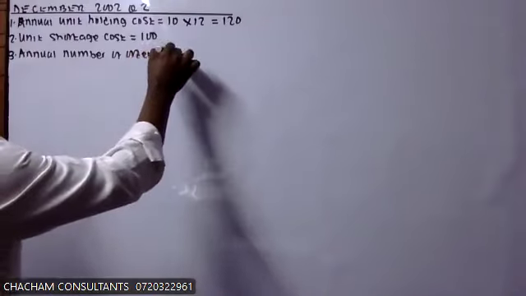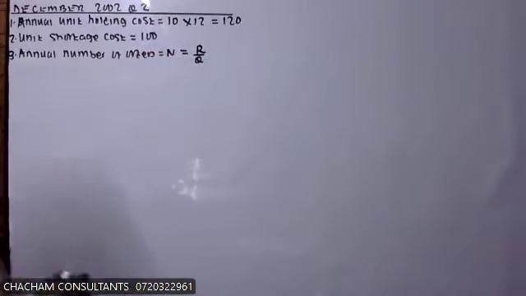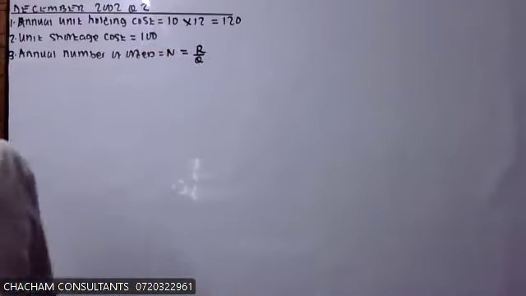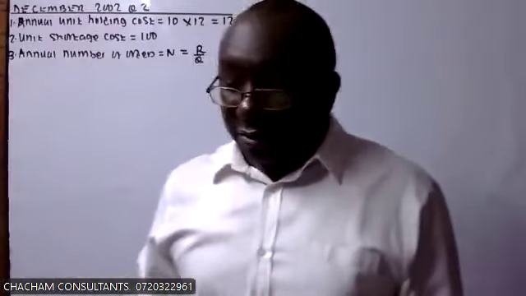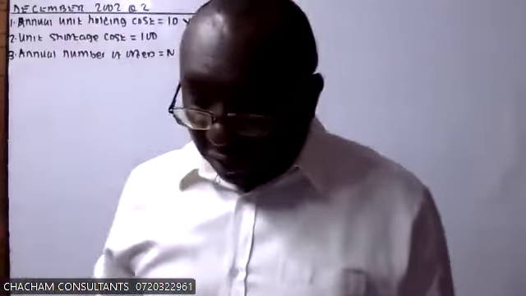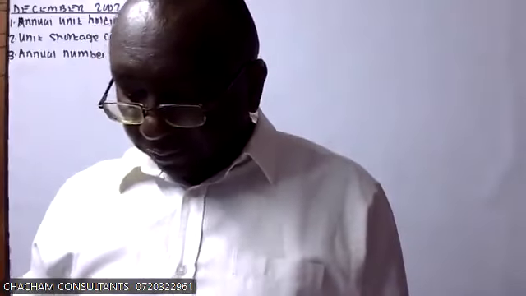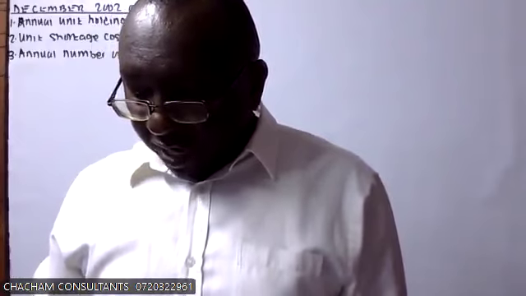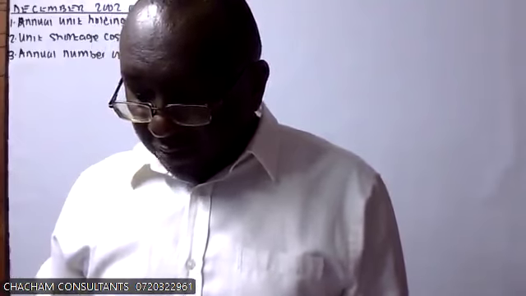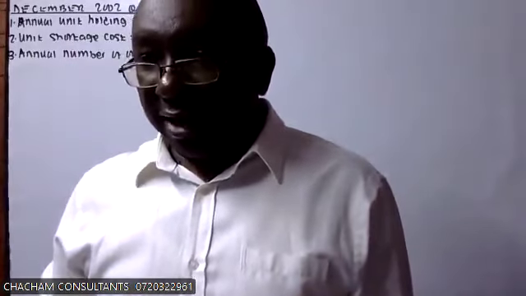We know that N is usually given as R over Q. For us to use that formula, we must know the annual demand, which we are not given, although we can get it, because we are told demand per month, so we just multiply and that gives the whole year demand.